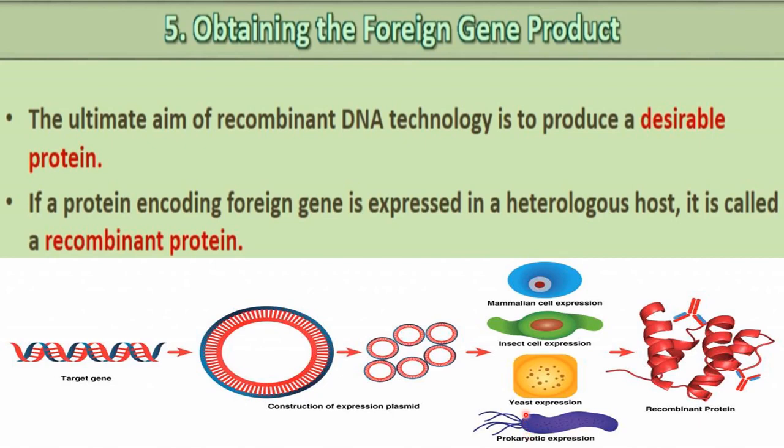Formation of protein. Okay, how can a gene express itself? By formation of protein. So expression means formation of protein. So that type of protein is called recombinant protein, or you can say the protein that has been formed in a host cell from a foreign gene. Okay, simply you can say that protein is called recombinant protein. So how will you define a recombinant protein? Foreign gene expressed in a heterologous host.